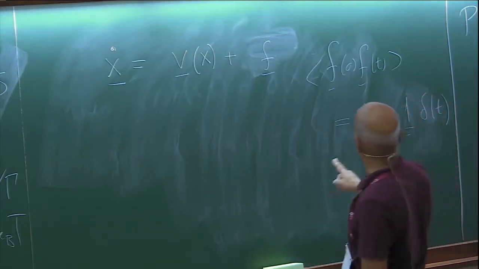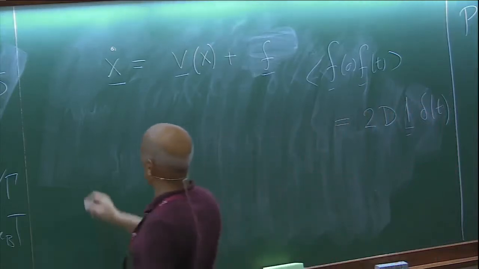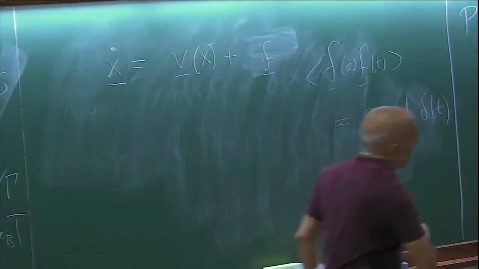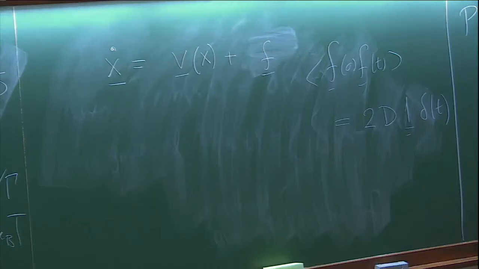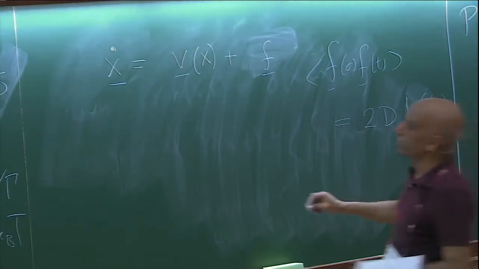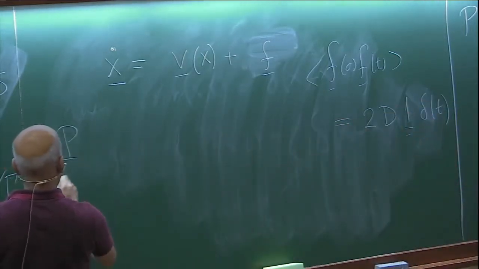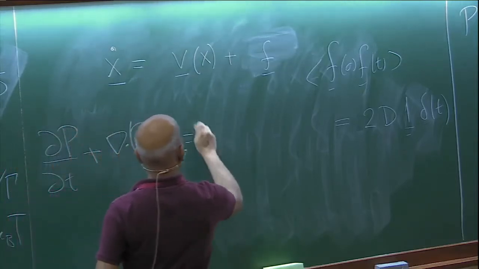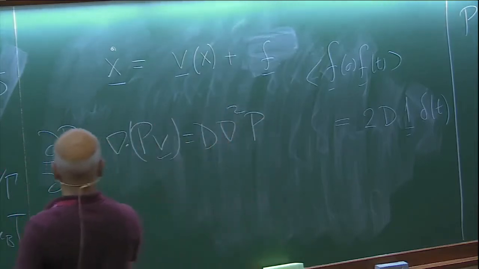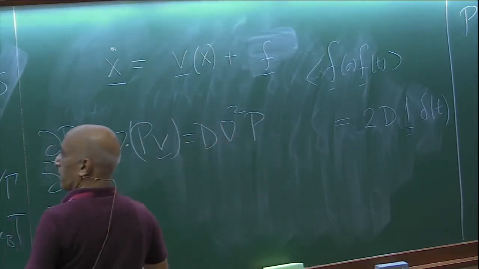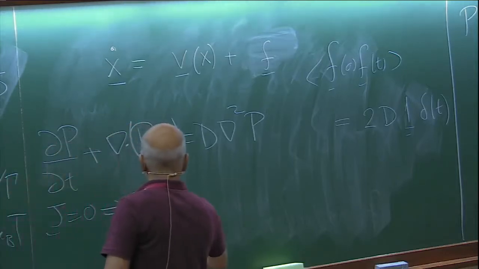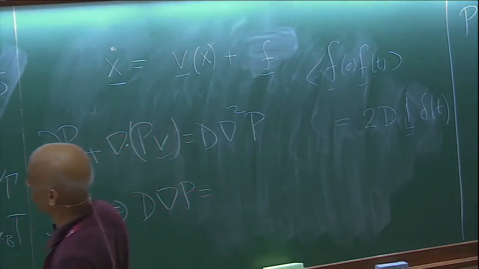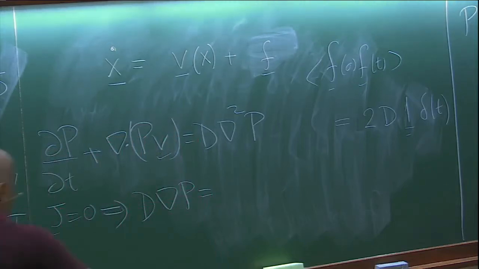We can generalize a little bit further, but right now let's keep this isotropic. Then what you will find is clearly whatever that v is, it is that v which will go in here, right? So in general, by the same algebra, you will see that j equals 0 will then mean that D grad p equals v p, right?